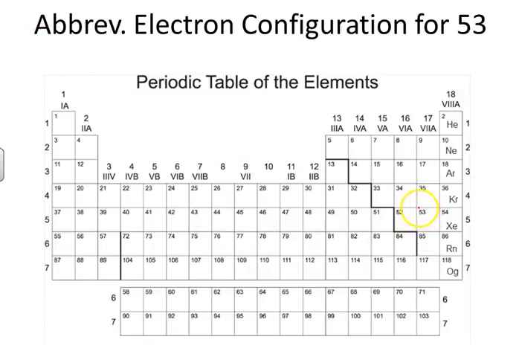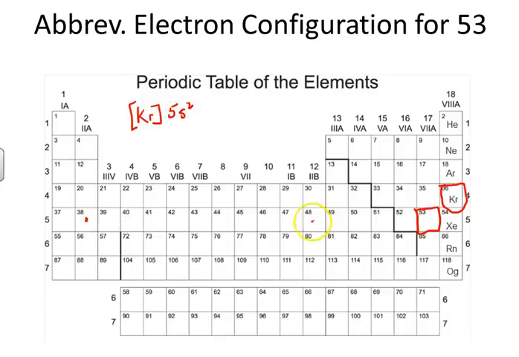Okay, so let's try element number 53. We go to the next period up, find our noble gas, which will be right here. So we start out with krypton. That takes care of 36 electrons. We then go from there down to our next boundary, 5s2.